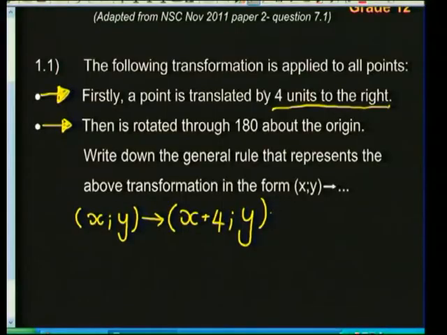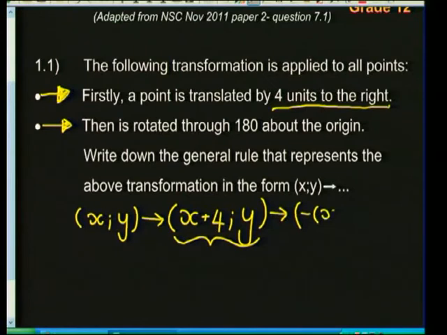So going from what we've had, we've established that I had x plus 4 as the x coordinate and y as the y coordinate, and this is now being rotated 180 degrees. So what is then going to happen to the x coordinate? What we know is that the x coordinate becomes negative, and the y coordinate also becomes negative. So therefore, what would my coordinates be if I've moved 4 units to the right and I've rotated 180 degrees?